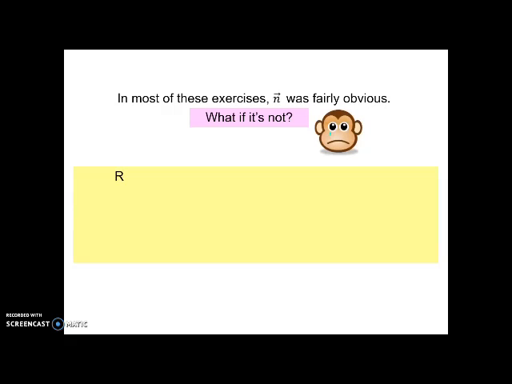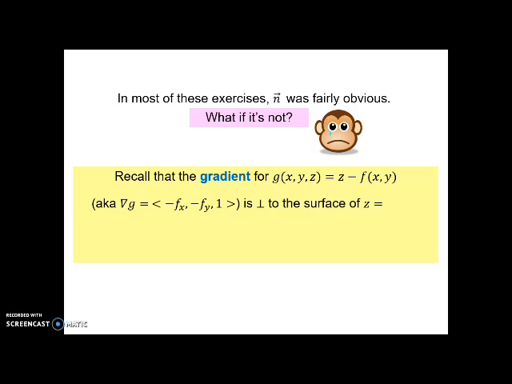Okay, in most of these exercises, n was fairly obvious. What if it's not fairly obvious? What am I going to do? I don't know what n is. Well, recall that for g(x, y, z) = z minus f(x, y), the gradient of g is negative f sub x, negative f sub y, comma 1, and will be perpendicular to the surface z equals f(x, y).